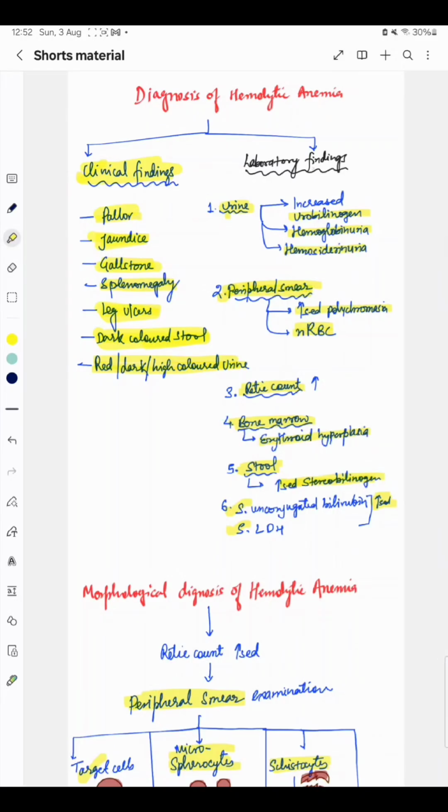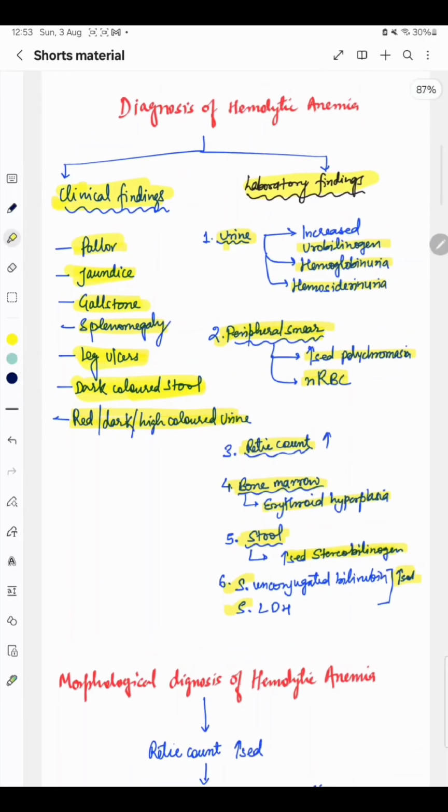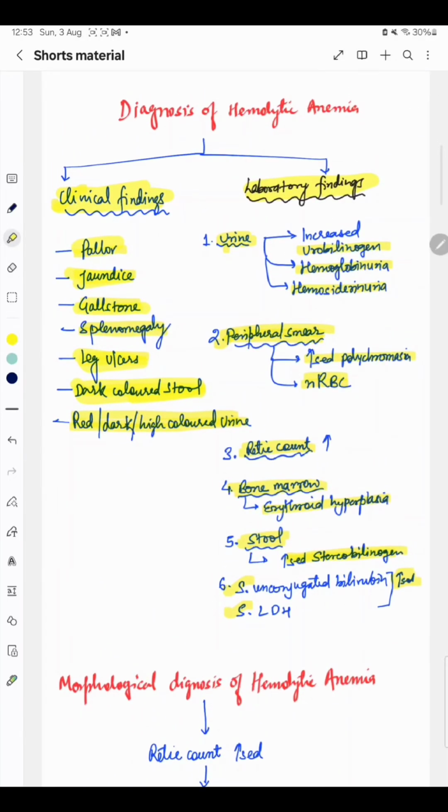What are the laboratory findings associated with the hemolytic anemia? In the urine, we have increased urobilinogen, hemoglobinuria and hemosiderinuria. And in peripheral smear, increased polychromasia or number of nucleated RBCs.